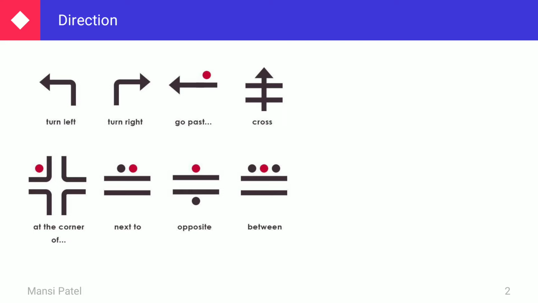If we are standing here and the place that we have to go is here, then we use the word opposite. If our place is between the first and the third, then we use the word between.